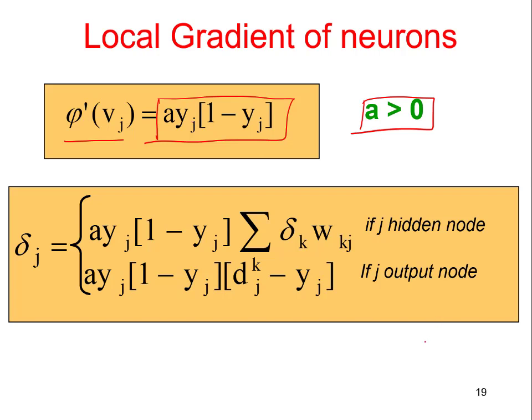So the equations are shown here as well, where dkj means the desired training output of the kth layer, and yj means the jth neuron's output.